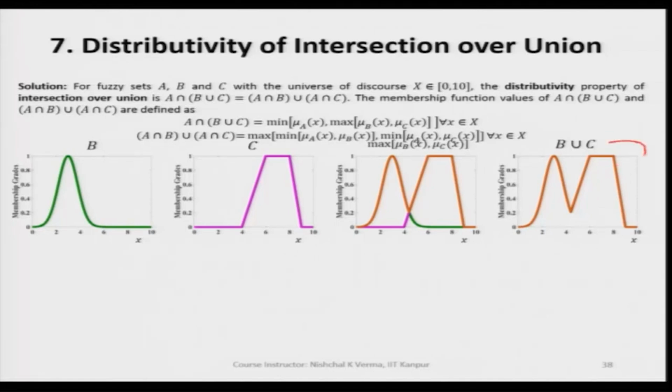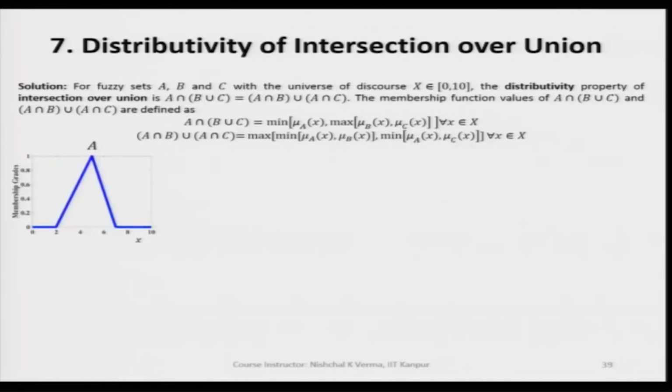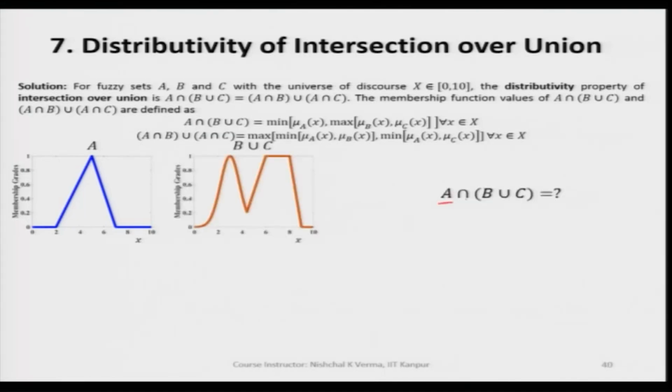We are going to get this as the B union C, and now let us take A fuzzy set and then we take the intersection of A and B union C, which we have just got.